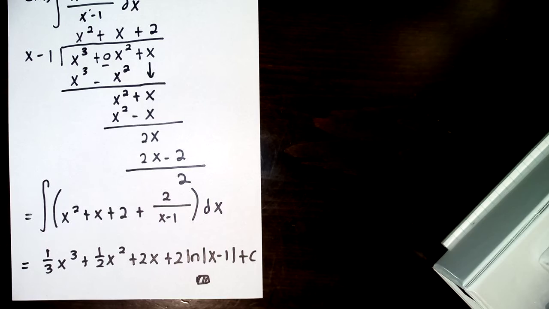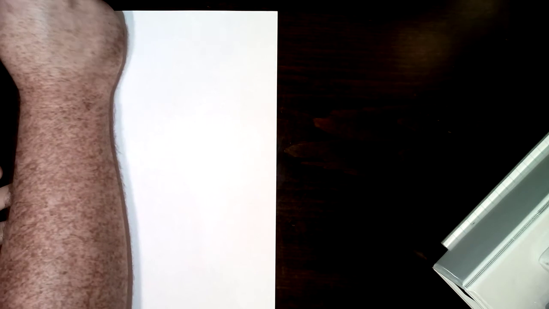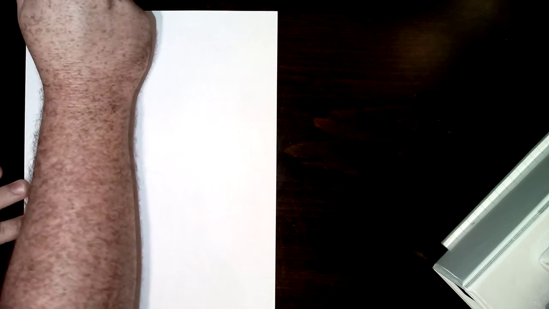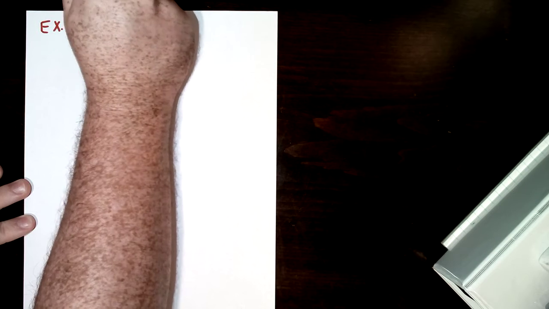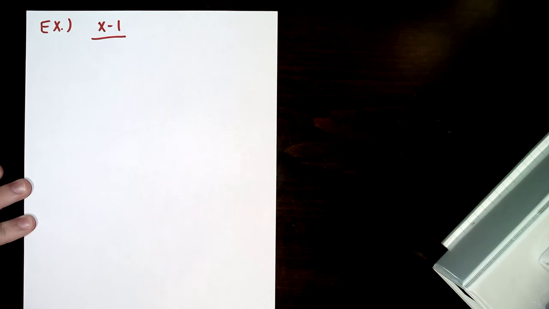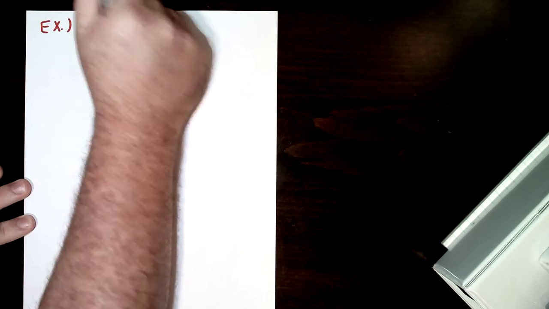All right, let's go ahead and do another example. In this example, suppose that we're asked to evaluate the integral of x minus 1 all over x squared plus 3x plus 2.